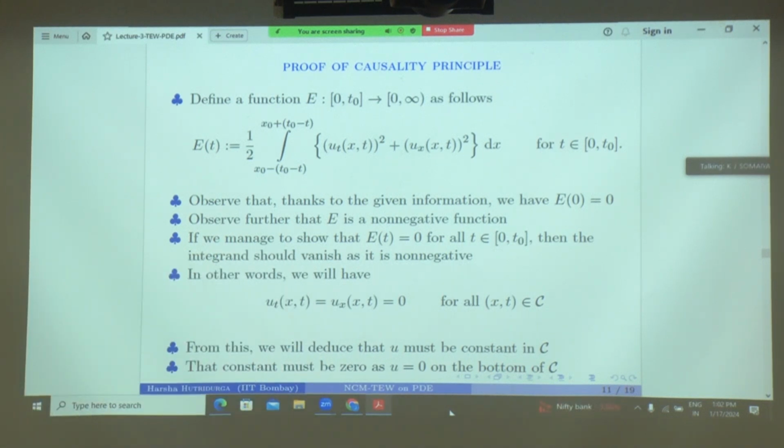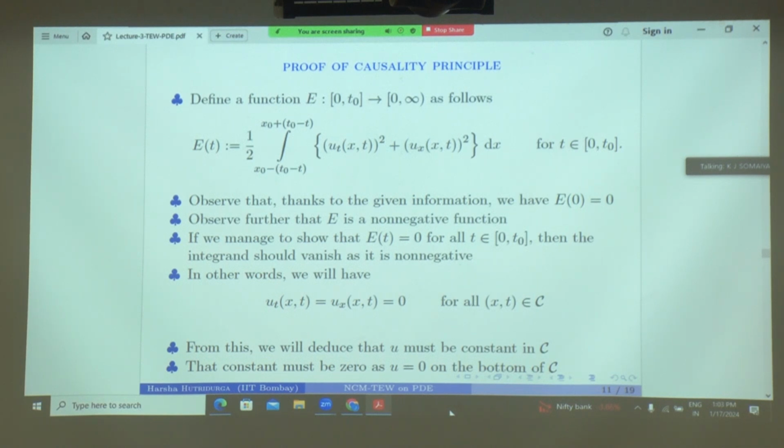So now, you have got this E of t, I just write down this 1/2 integral from x0 minus (t0 minus t) to x0 plus (t0 minus t). And you have got u_t squared here and u_x squared here, dx.